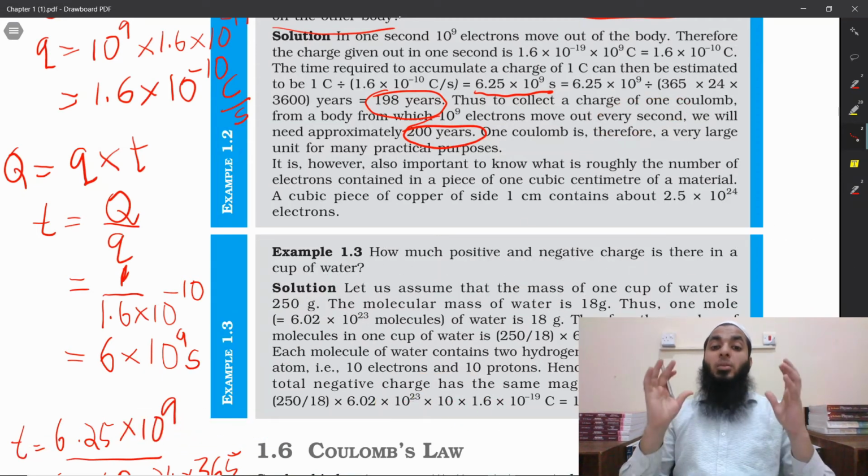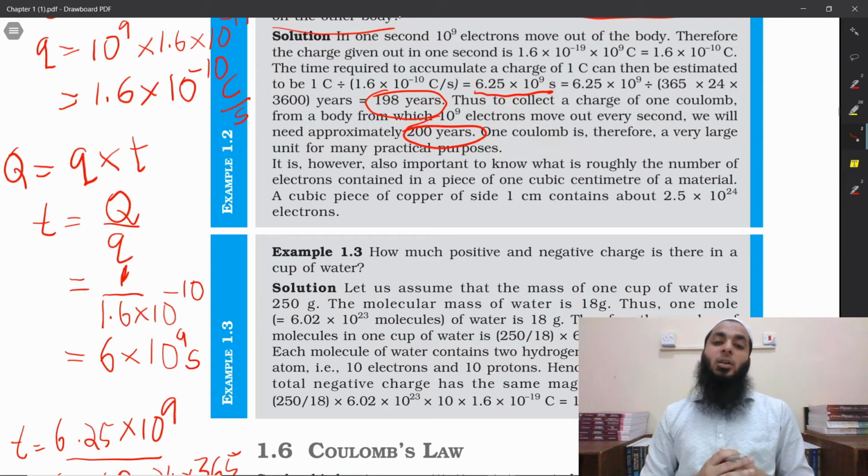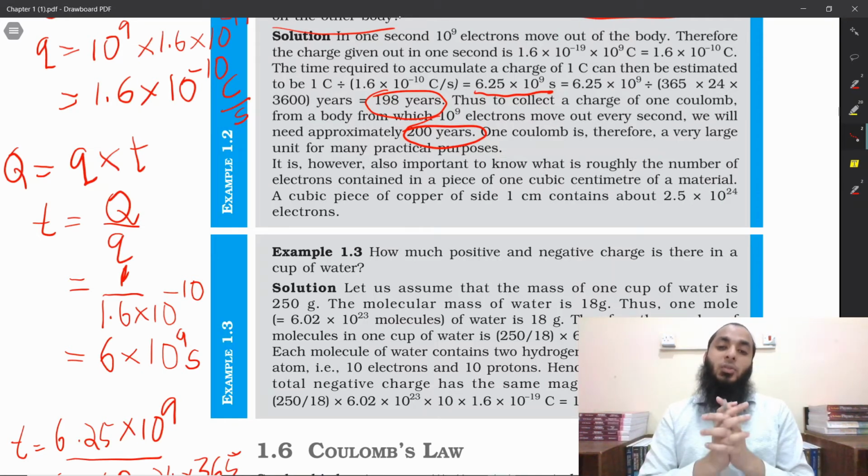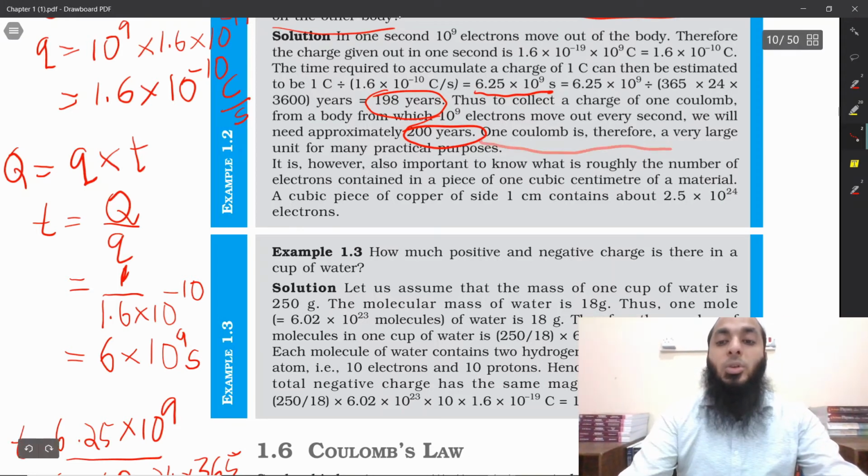That's how huge the SI unit of charge is. That is why it doesn't come as a shock that we use microcoulomb, millicoulomb or even nanocoulomb as practical units. 1 coulomb is therefore a very large unit for many practical purposes.